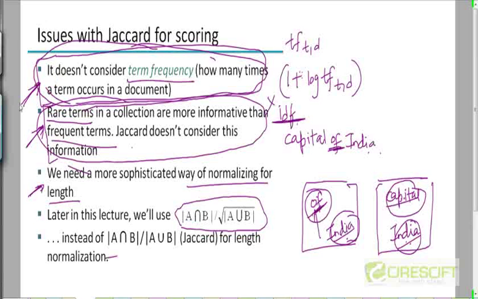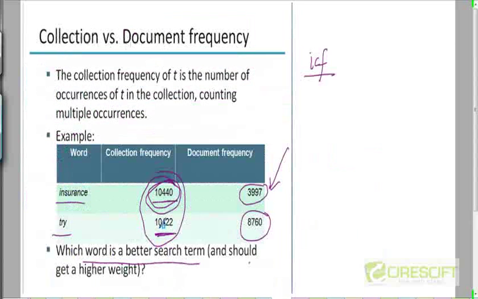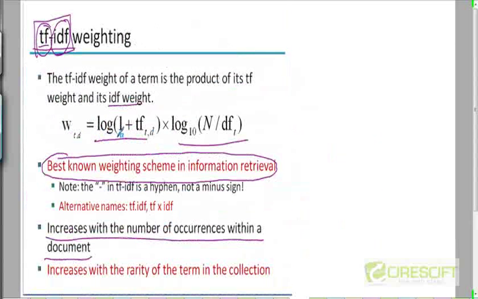We wanted to incorporate how many times a term occurs in a document, and the TF-IDF score does that because you have this log of 1 plus TF in it. It also increases with the rarity of the term in the collection, and the rarity of the term is indicated by the IDF part of the score.